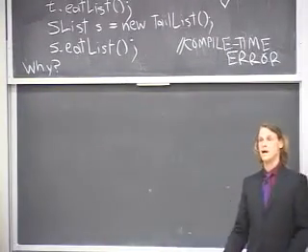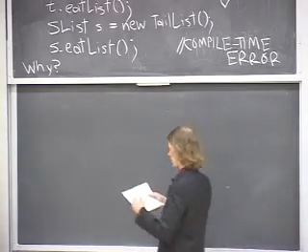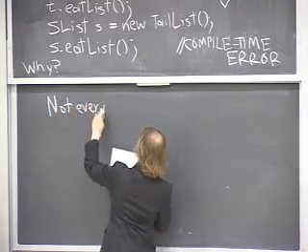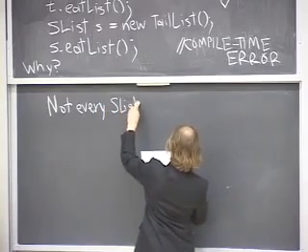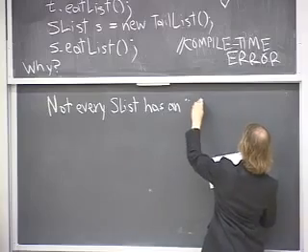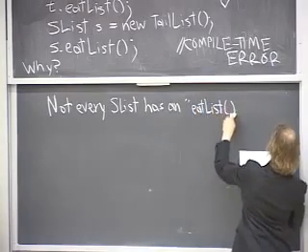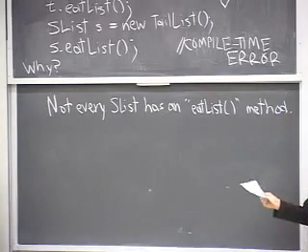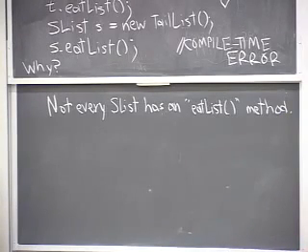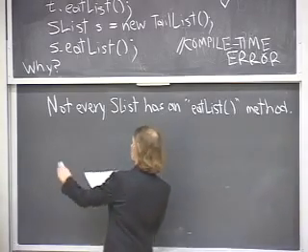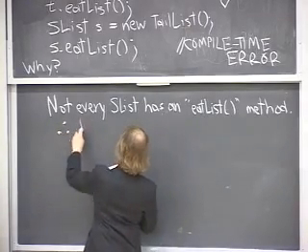And not every SList object has an eatList method. Now, there are some SLists that have eatList methods. They're called TailLists. But not every SList has an eatList method. So Java cannot use dynamic method lookup on the variable s.